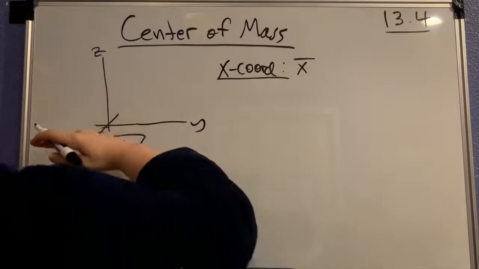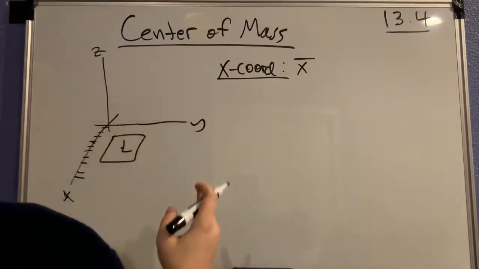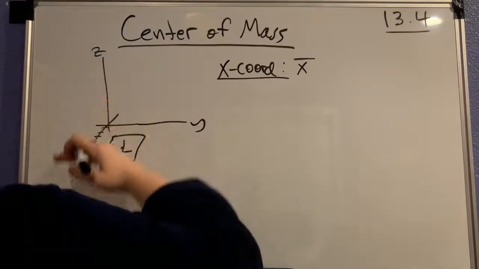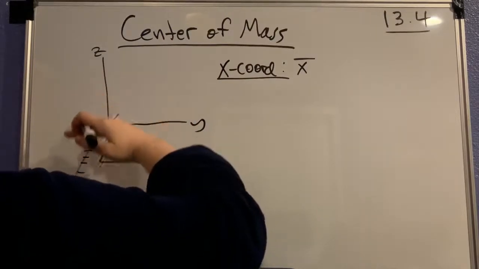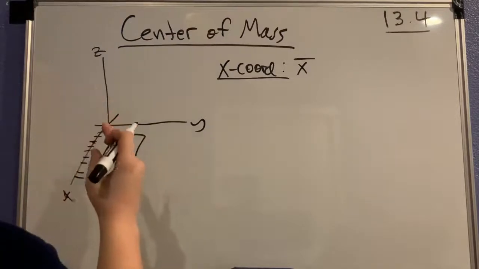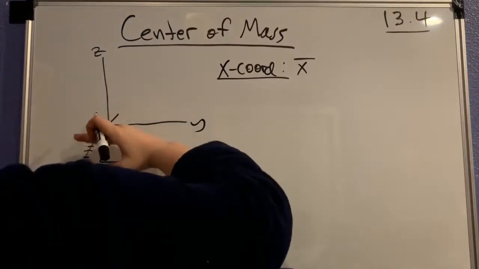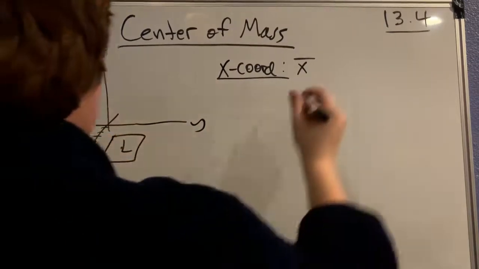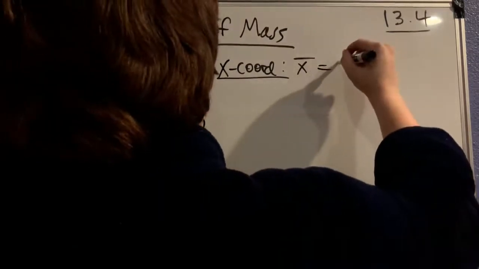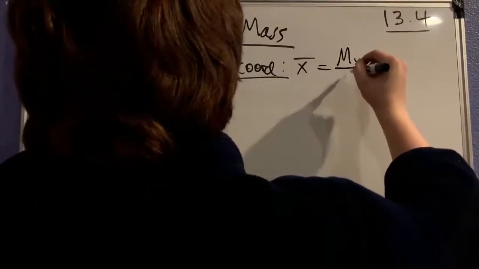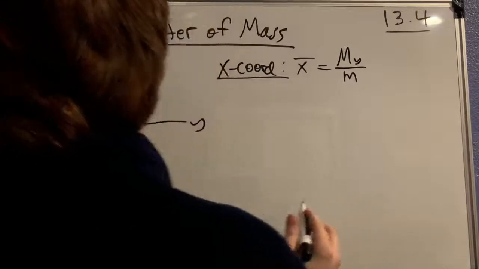And so, since the moment of mass with respect to y is measured in x values, and it's the concentration of mass along all of the x's, the x-coordinate would just be the average of them, because it's the place where the mass is equal above it and below it. So this would be measured as the moment of mass with respect to the y-axis over the total mass.